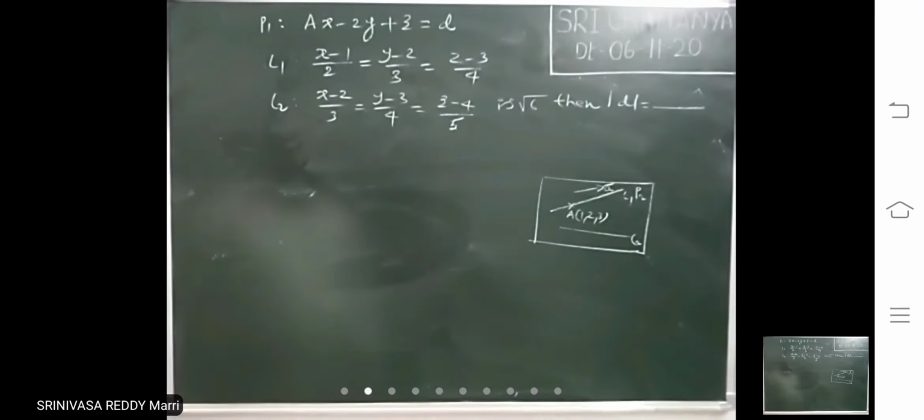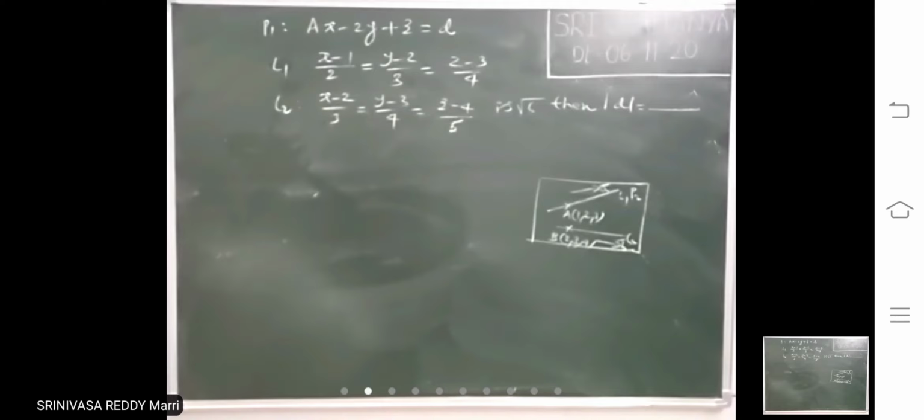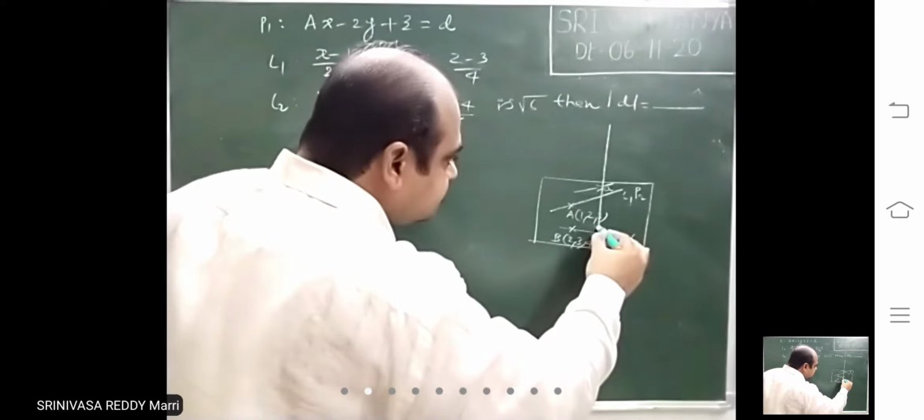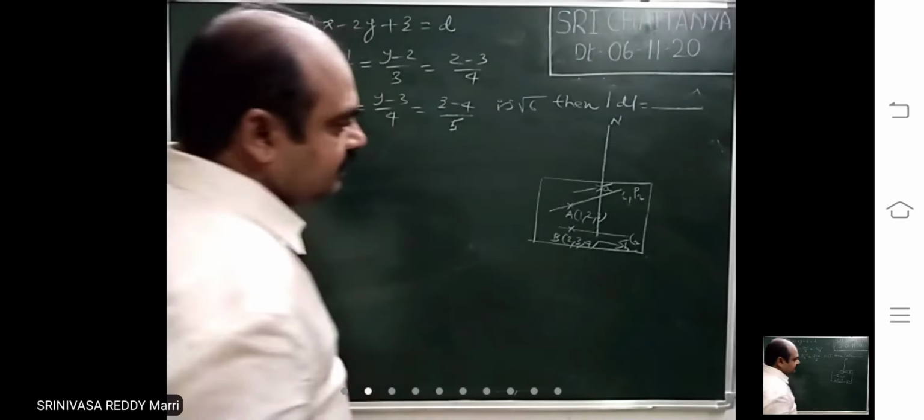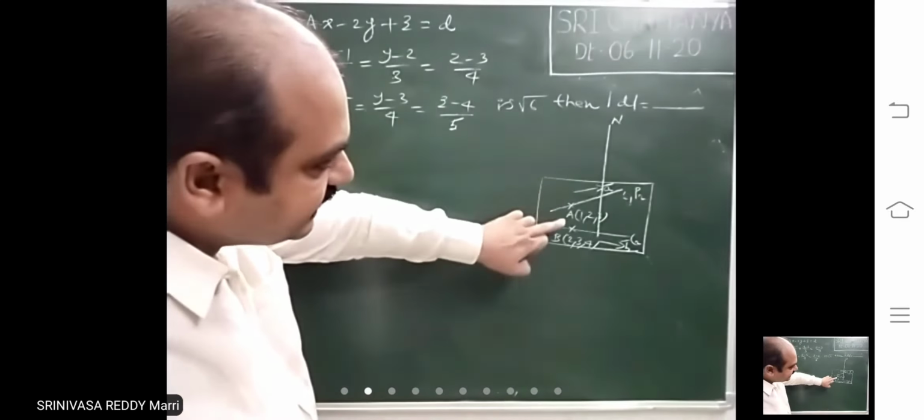So the point is there; draw the normal. This is the normal, right? I have drawn the normal. So points are there already, 1, 2, 3 and 2, 3, 4, two points are there. You have to find the DRs of the normal.